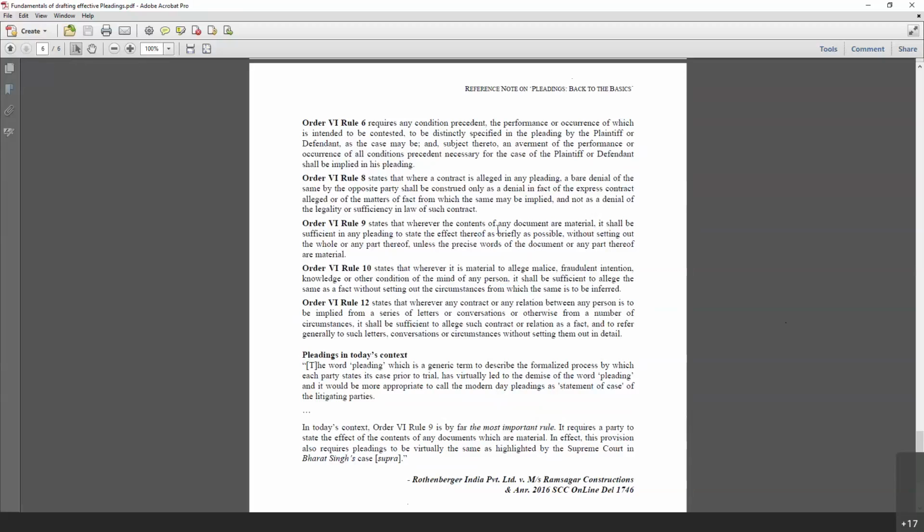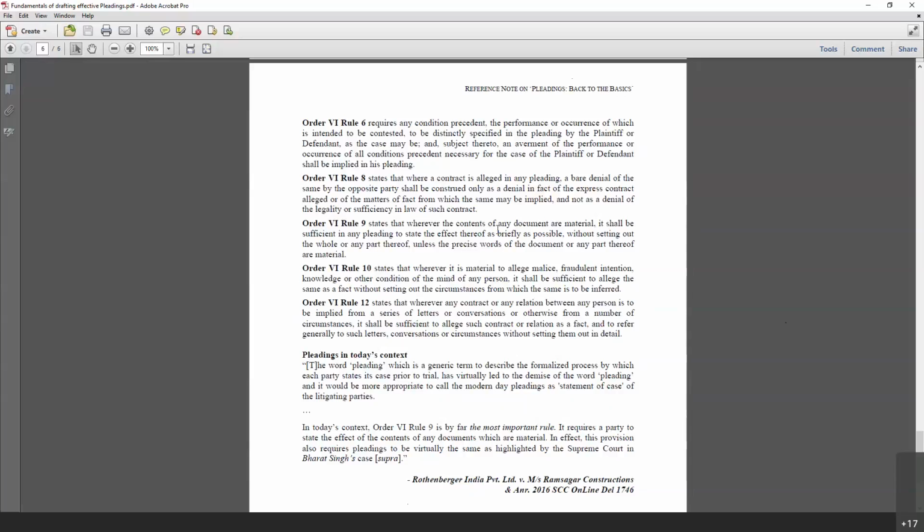Now, it is also important, in terms of paraphrasing what a document says, to be very, very clear. In pleadings, the general law is do not extract the text of documents, and do not obviously extract text from case law. In terms of documents, it is enough for you to say what is the purport of that document as briefly as possible, unless a precise word or a phrase in the document is critical.